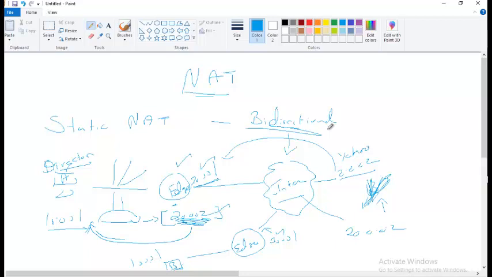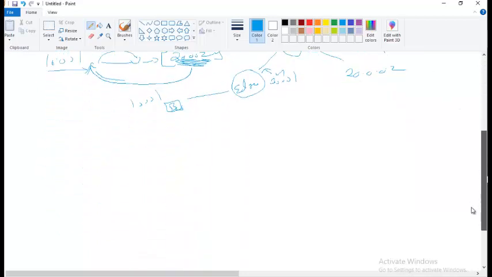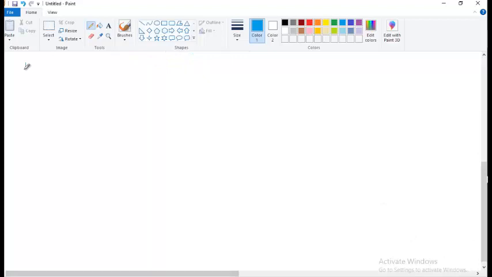From inside, if you want to talk to outside, this will support. From outside, if you want to talk to inside, this is going to support. This bidirectional advantage is not seen in the other two types of NATs. Static NAT is bidirectional, whereas the other NATs, dynamic NAT.